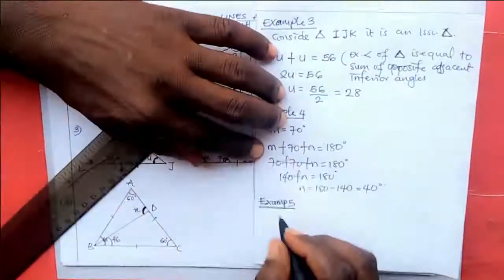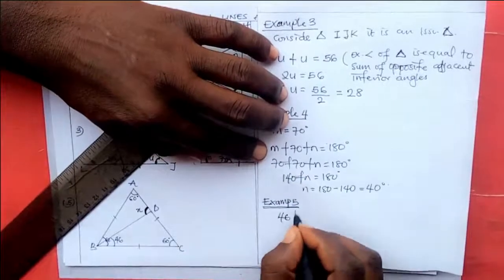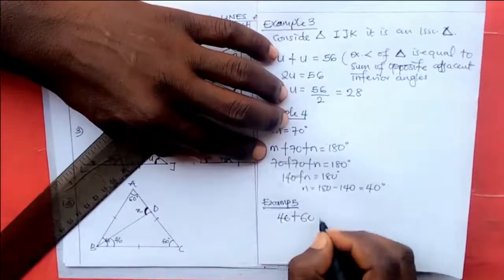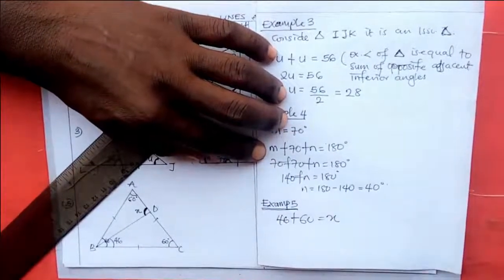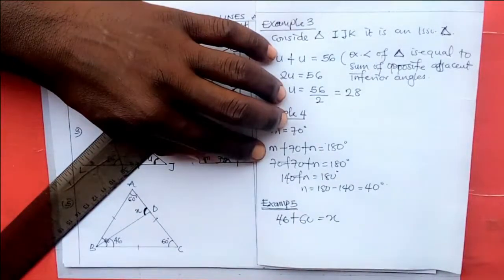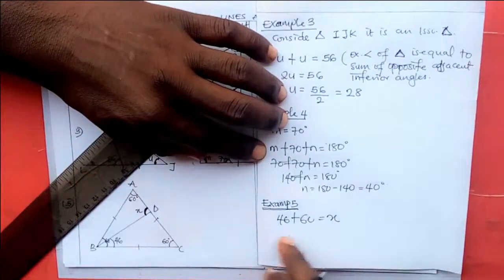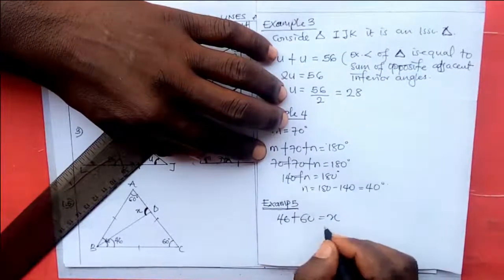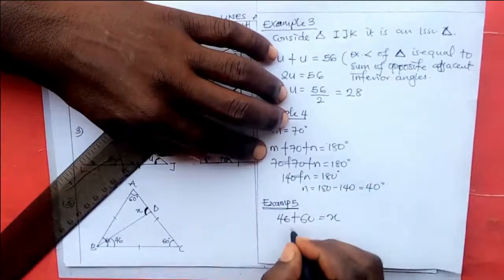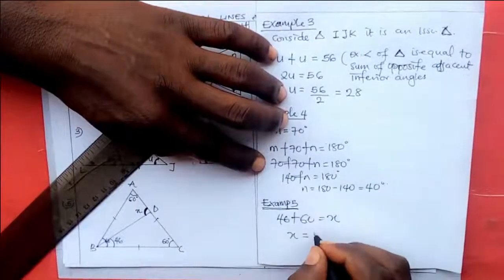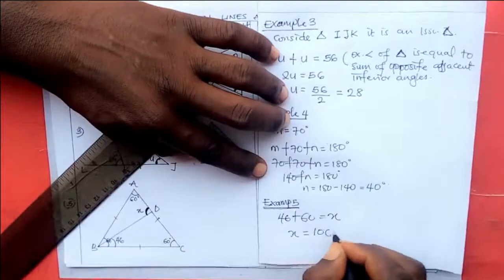Why? The sum of the opposite adjacent interior angles is equal to the exterior angle. So when you add this and this together, I have x equal to 106 degrees.